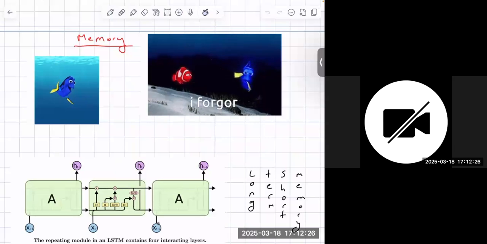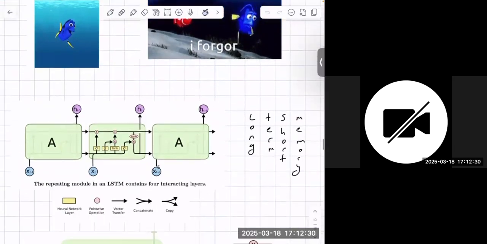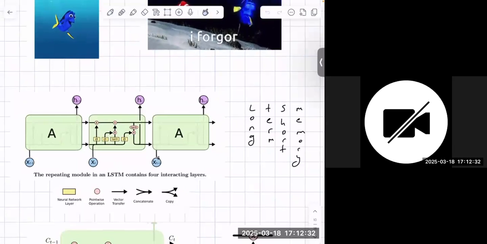So that's why people invented this thing called long short-term memory. And I'm using illustrations created by somebody called Chris Olah. I think I will put the links to his very nice writing about this.